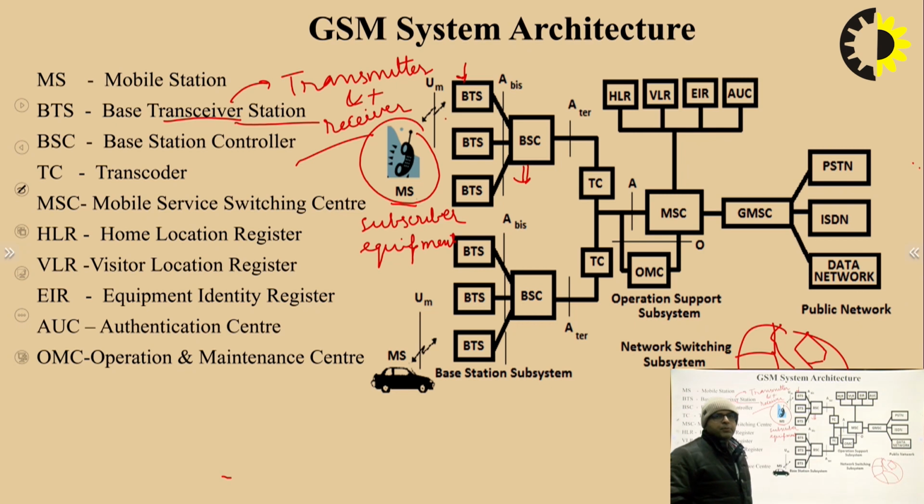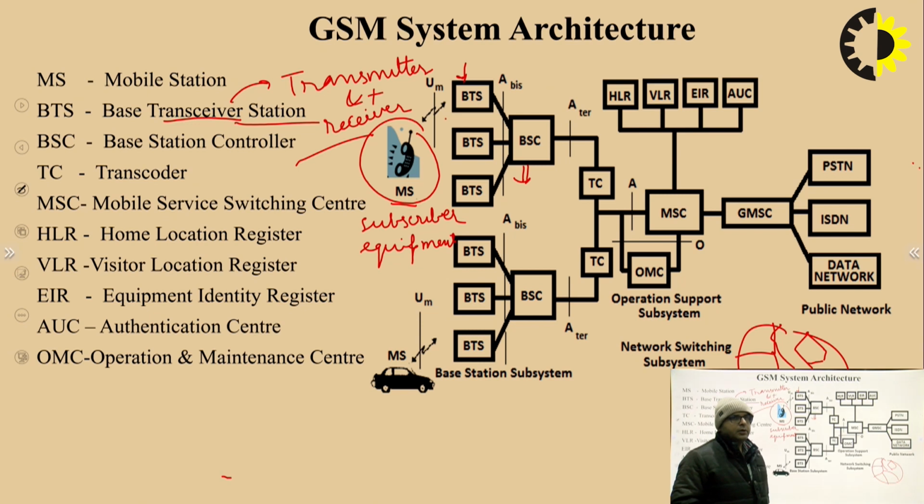The function of the base station controller is to control the different BTS and provide coordination between different BTS and the mobile switching center. So, BSC coordinates with different BTS installed in different cells and provides several important functions like handoff to ensure proper and uninterrupted communication.